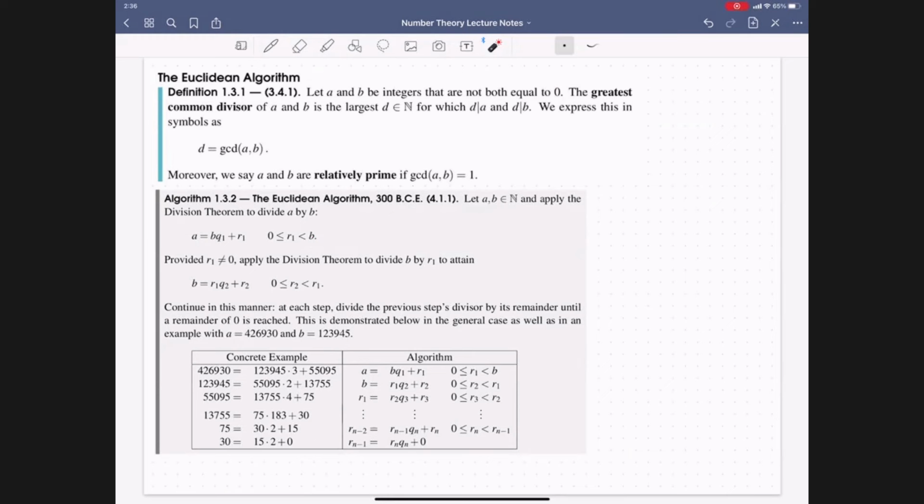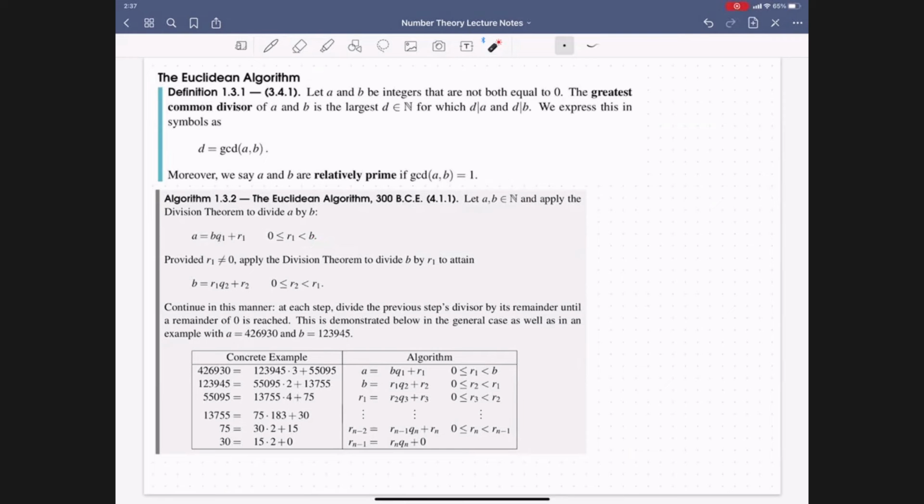And so what the algorithm says is, if we have natural numbers a and b, then let's go ahead and apply the division theorem. So the division theorem tells us that there exist unique numbers q1 and r1, such that r1 has the property that 0 is less than or equal to r1, which is less than b. And so we can go ahead and write it this way. And now, here's the kicker.